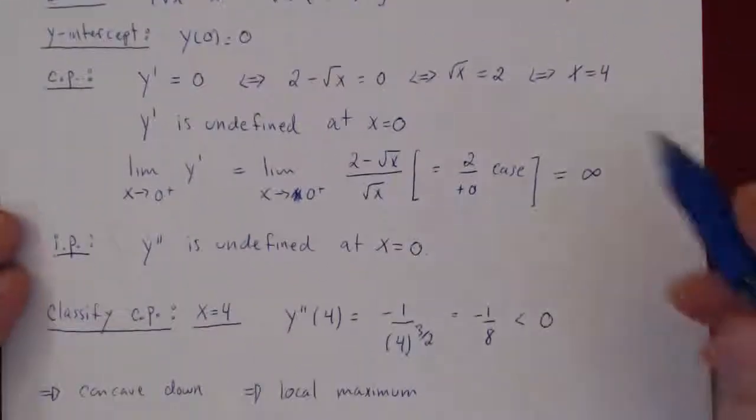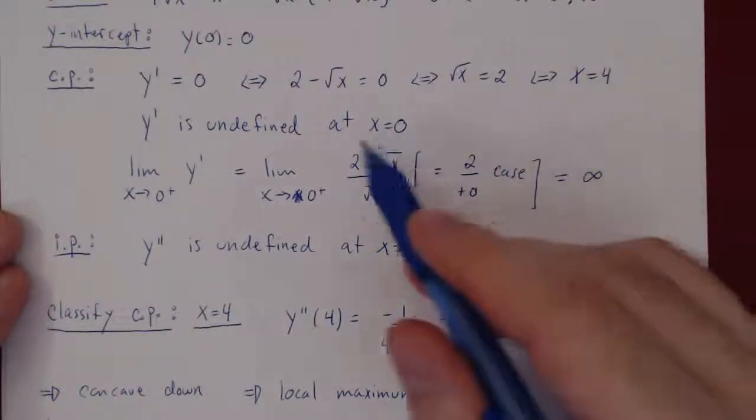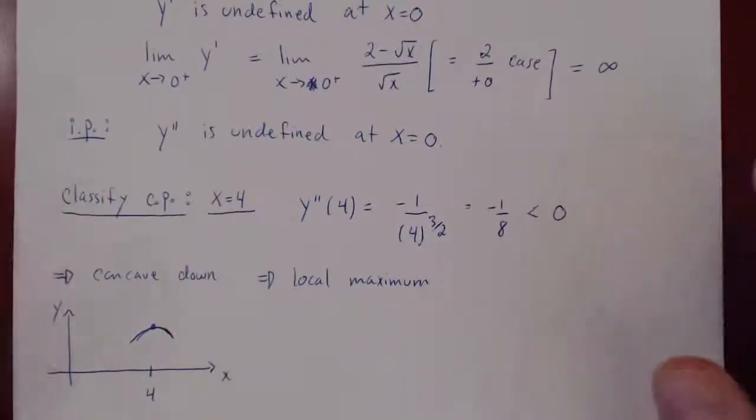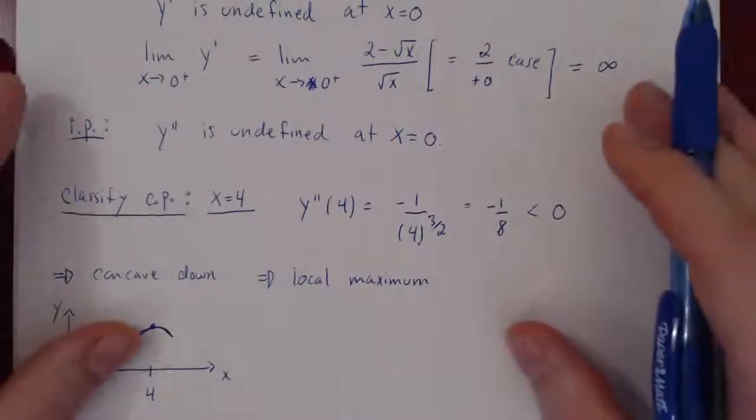Now that we have classified our one critical point and we know what happens at the other critical point, and that we know we have no inflection point, we can now, as always, construct our table of values.